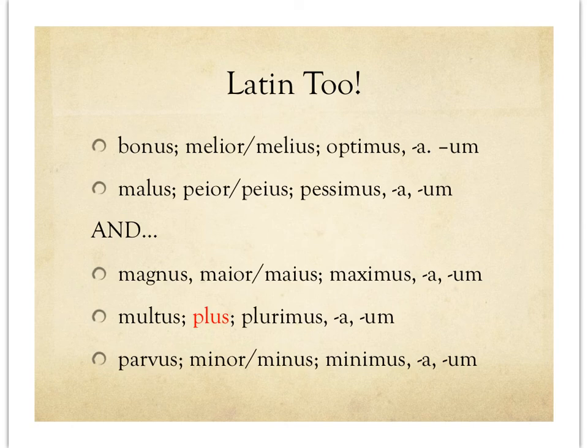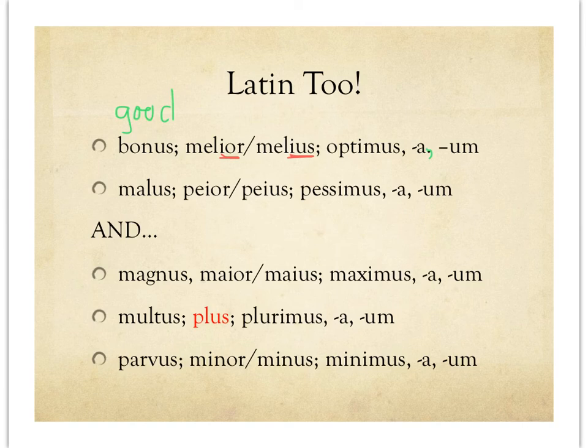For bonus, which is our adjective that means good, we have in the comparative melior and melius, and in the superlative optimus, optima, optimum. So you can see these don't look anything like bonus, and we just have to memorize them. You can see, though, that the comparatives end in IOR and IUS, so they decline in a completely regular way.